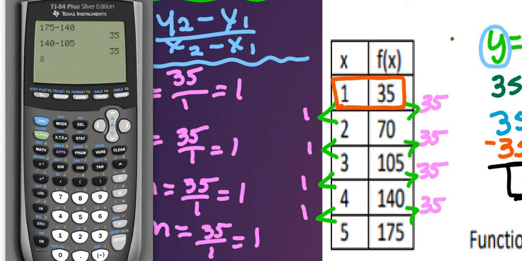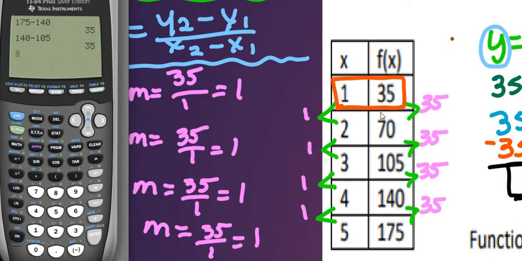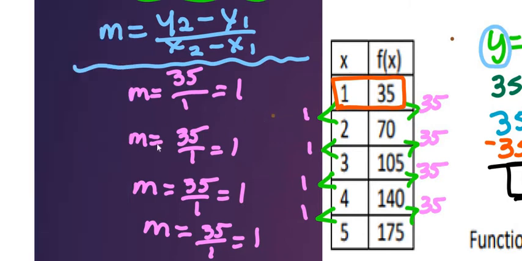And then if I were to divide these, 35 divided by 1, I see that I would get 35. So my slope right here is 35.